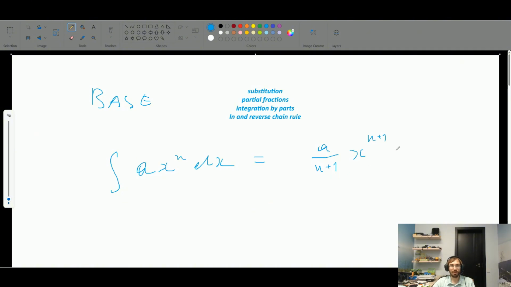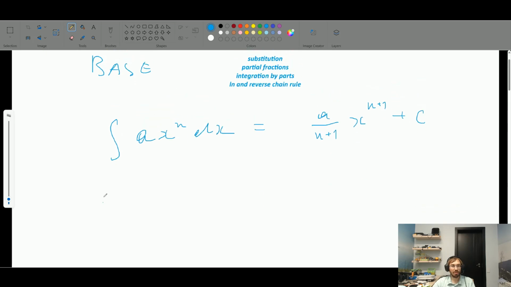And after you've done, you write plus c, of course. So let's have an example. Integral of 5x power 3 dx. What will it be? X will be in the power 4, so 3 plus 1 is 4, and then 5 will be divided by that 4, and plus c.